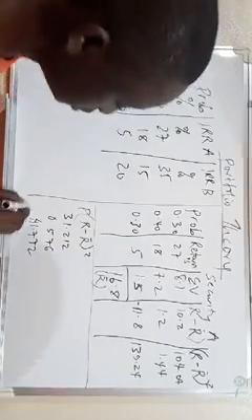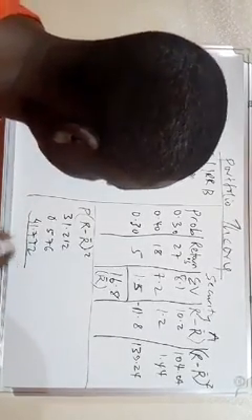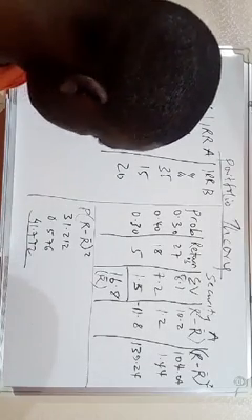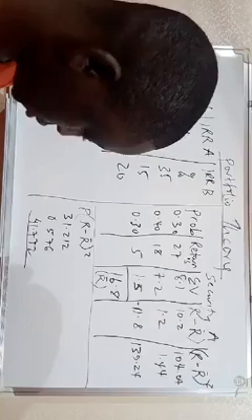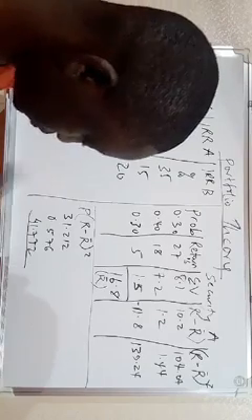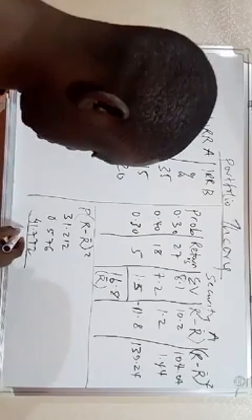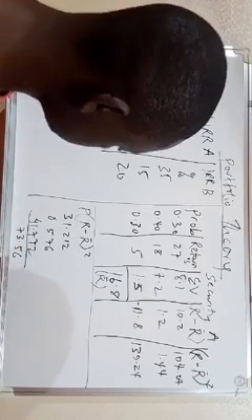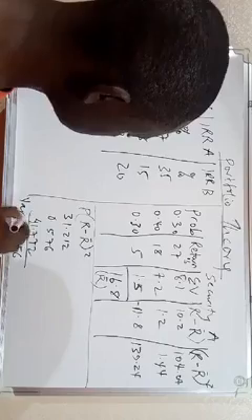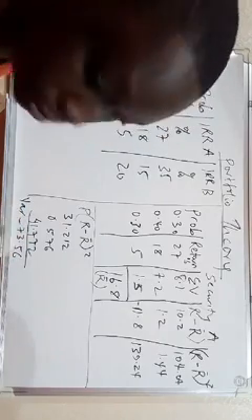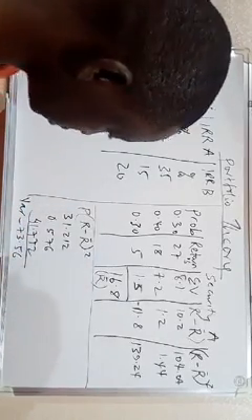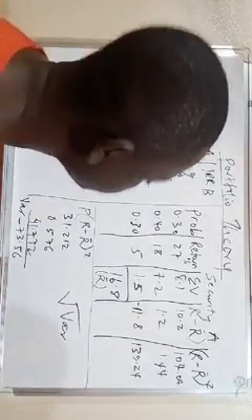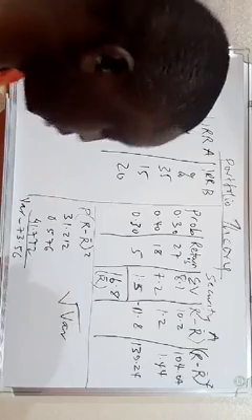So when you sum this together, you have 31.212. You have 73. This is the variance. 73.56 is the variance. For you to get the standard deviation is the square root of variance.